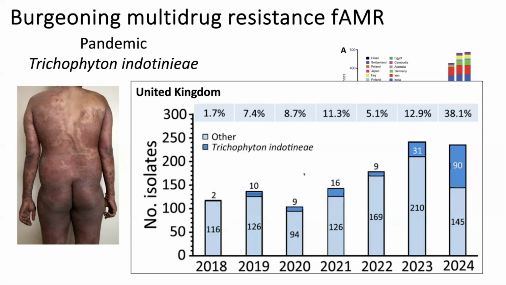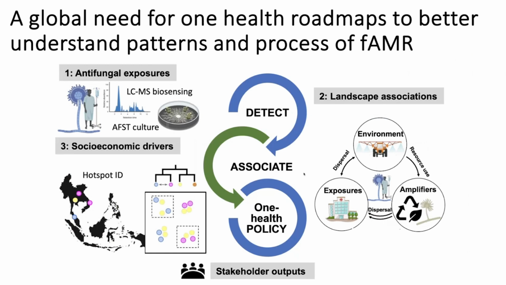So obviously there's a real need to be able to use genomics to differentiate between these different dermatophytes, to look for pathways of transmission and actually do the epidemiology that's necessary to understand the emergence of this particular resistant and highly transmissible organism. So a lot of work going on behind the scenes with UKHSA on this one. I mean, more broadly, you can see where I've been going with this.